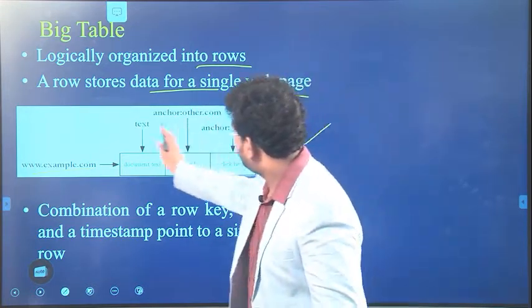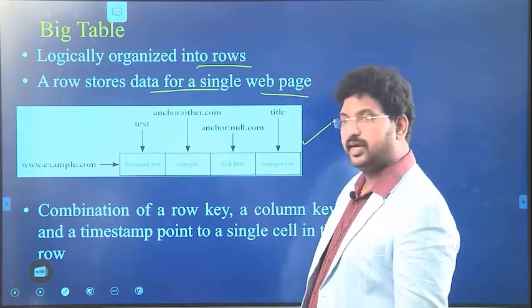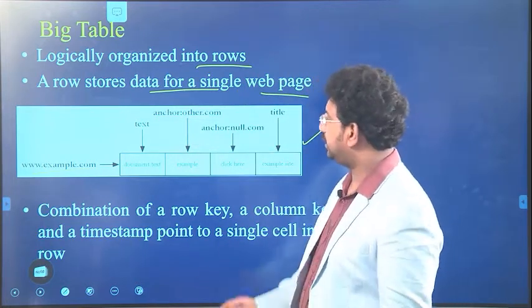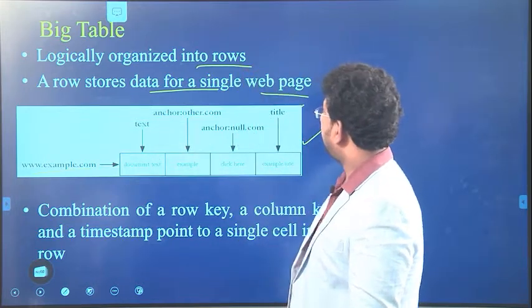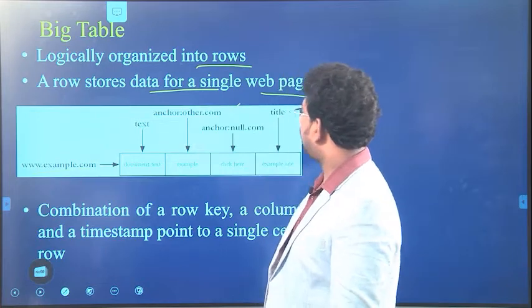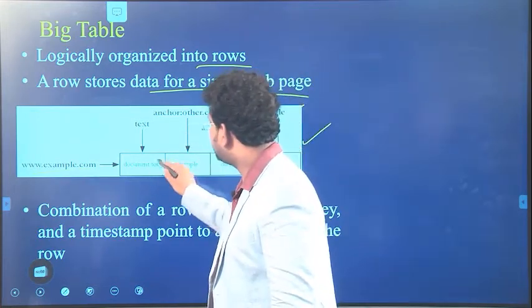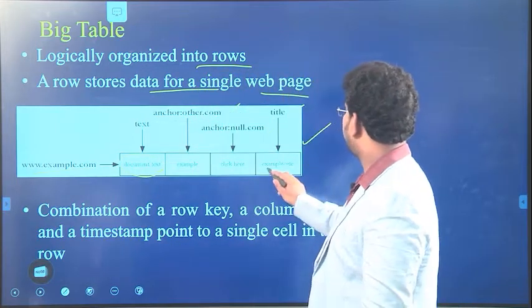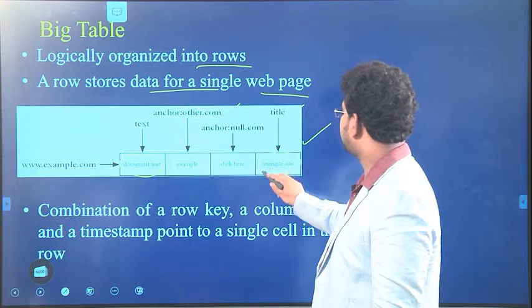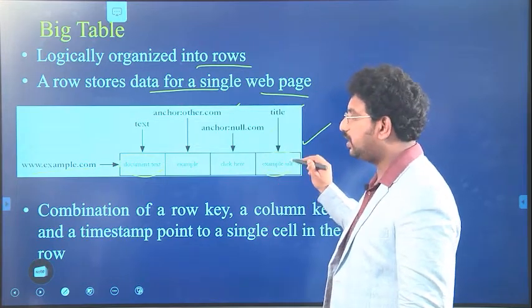This row is storing single web page information with some fields, like, if you observe, text, title, and anchor other.com, anchor null.com. As part of the text, the document text will be available here, and as part of the title, whatever the example site is, that will be present.